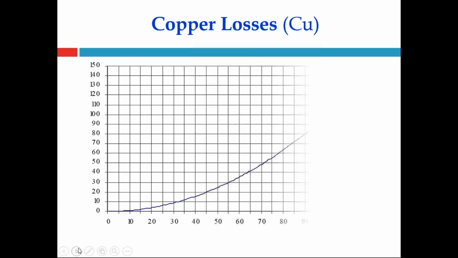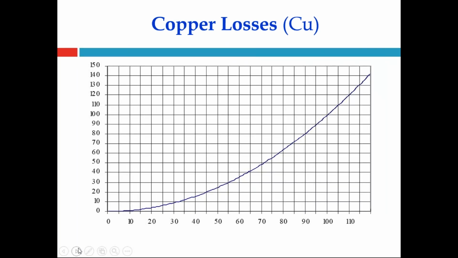Now if you see the graph, the copper loss will look like this. Here the x-axis represents current and the y-axis represents copper losses. If you take this graph, it keeps increasing, because as the load keeps increasing, the current and copper loss also increase.